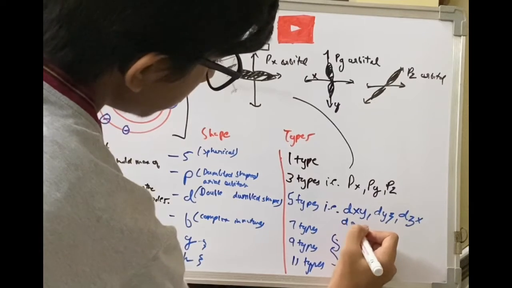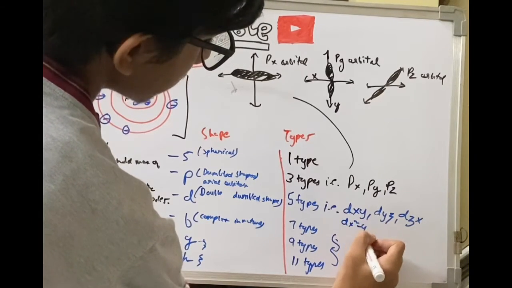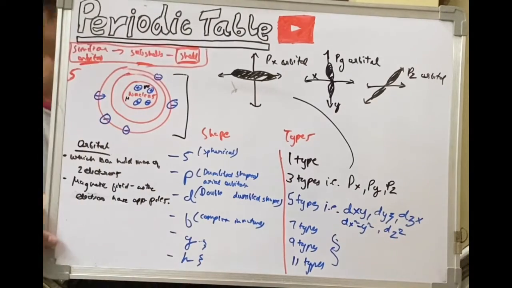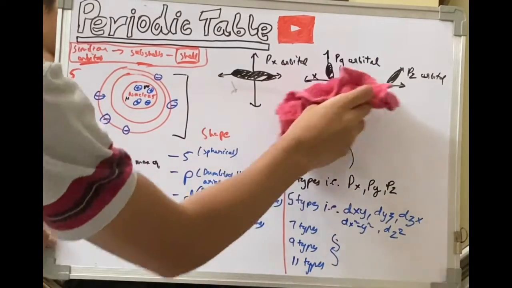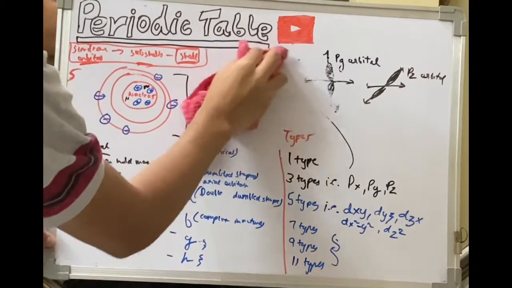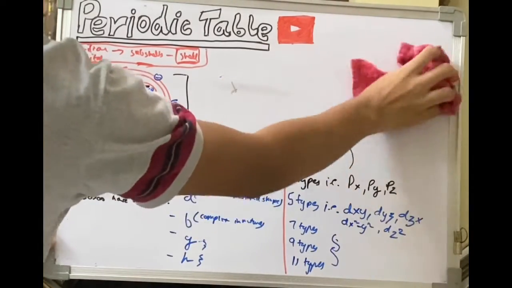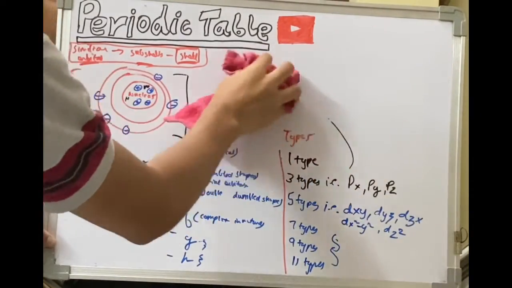Also dx square minus y square and dz square. So wait, I'll have to rub it. I hope you guys have already noted this down. If you haven't, then you can reverse the video.